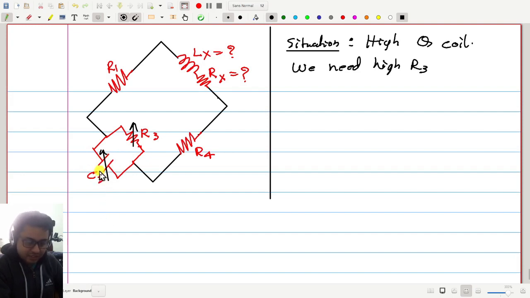If you cannot make this very high, you still have to once again get the angle very close to 90 degree. So then you may make this impedance also lower. That means you can choose higher C3. That is possible. But then this impedance is also becoming lower.